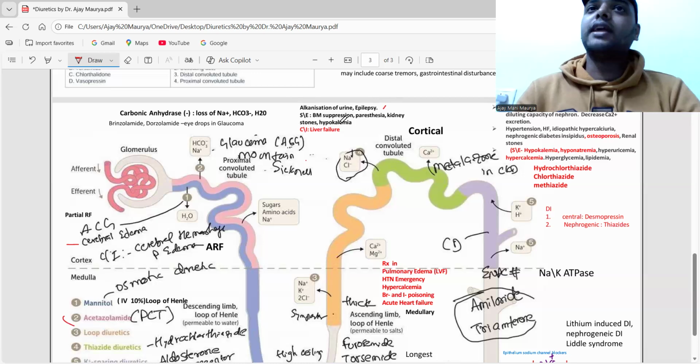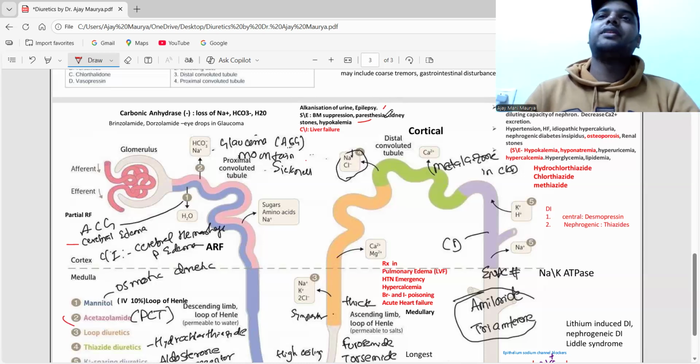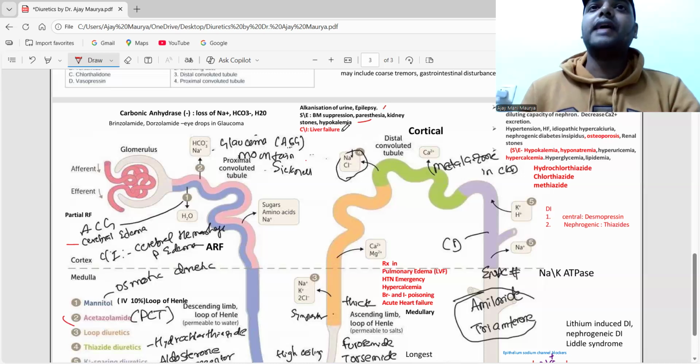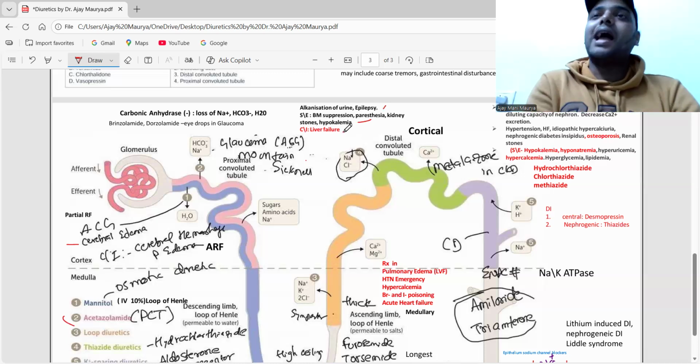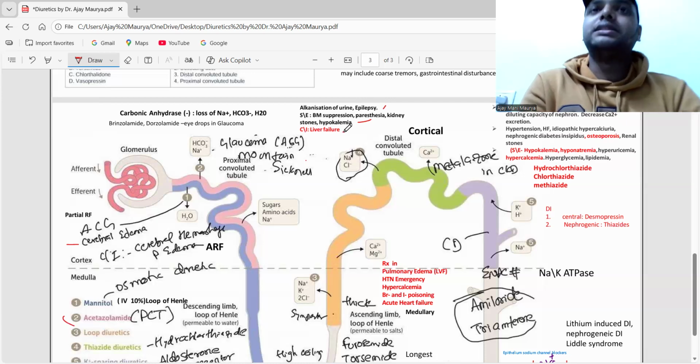If you take it for a longer time, it causes paresthesia, kidney stones, and hypokalemia. Remember one thing, it is contraindicated in liver failure, as it increases the chance of hepatic encephalopathy.